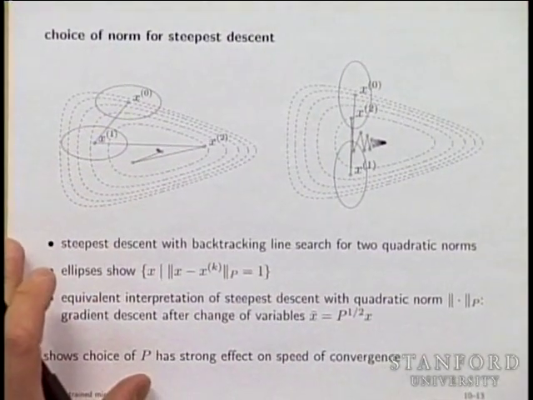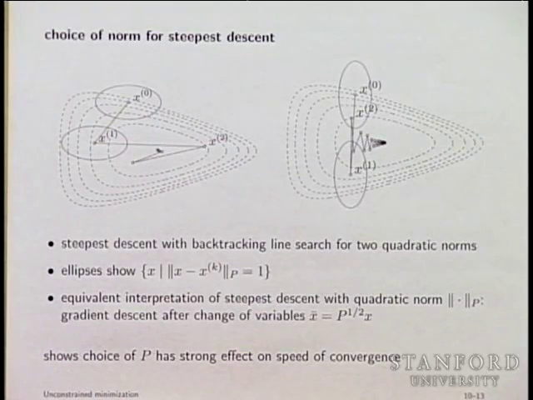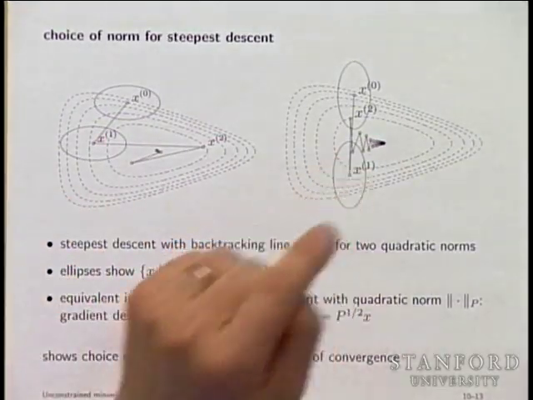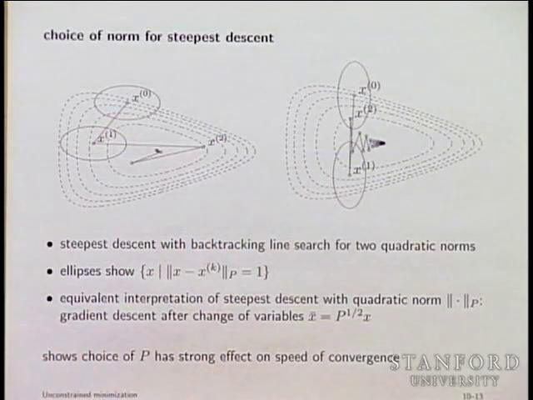So the rough idea is something like this. There's another way to understand this, which I'll get to in a minute. The basic idea is that if you use steepest descent, you want the norm to be consistent with the geometry of your sublevel sets.